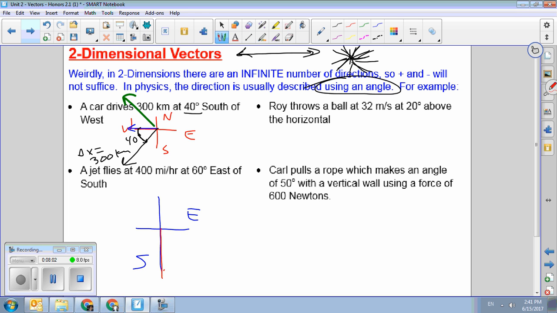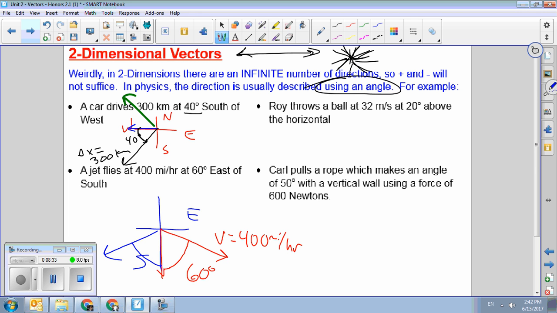So here's south, here's 10, 20, 30, 40, 50, 60 degrees east of south. So my velocity is 400 miles per hour at 60 degrees east of south, okay? West of south would have been, here's south, and then 10, 20, 30, 40, 50, 60 degrees over here. So this would have been west of south, all right?